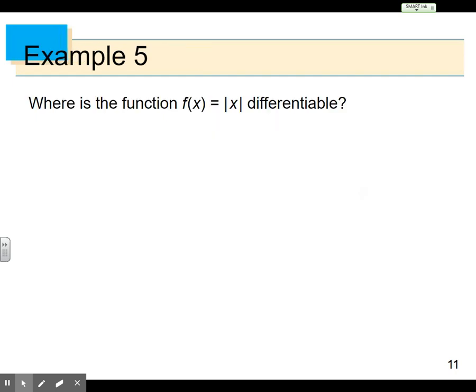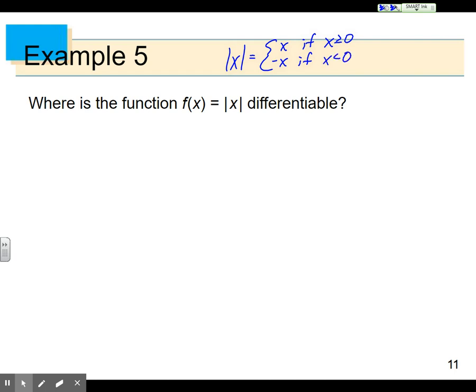So let's go back to our absolute value function. Remember, our absolute value function can be defined as a piecewise function. We said it took on x, if x is greater than or equal to 0, negative x, if x is less than 0.